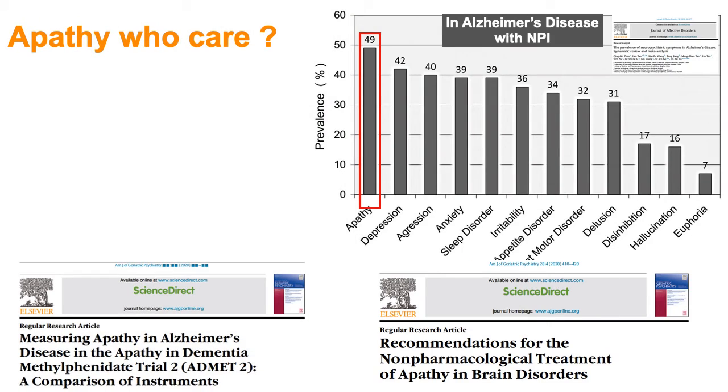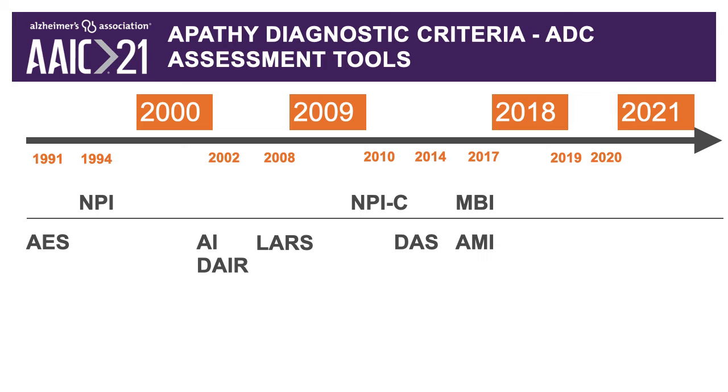Why so many attempts to diagnose apathy? Because it is one of the most frequent symptoms and because it is time to validate pharmacological and non-pharmacological interventions. What use would it be to maintain cognition without interest, initiative or emotion? It is in this context that the interaction between the diagnostic criteria and the assessment instruments is very important.